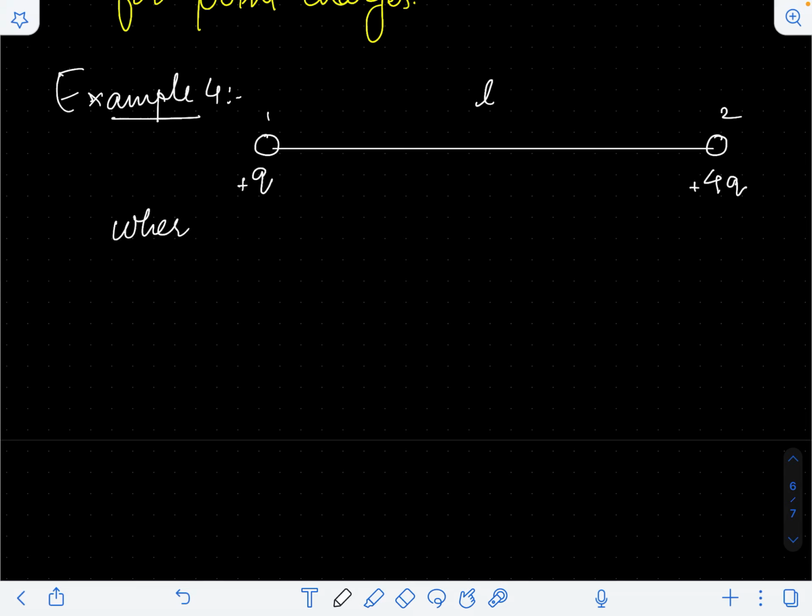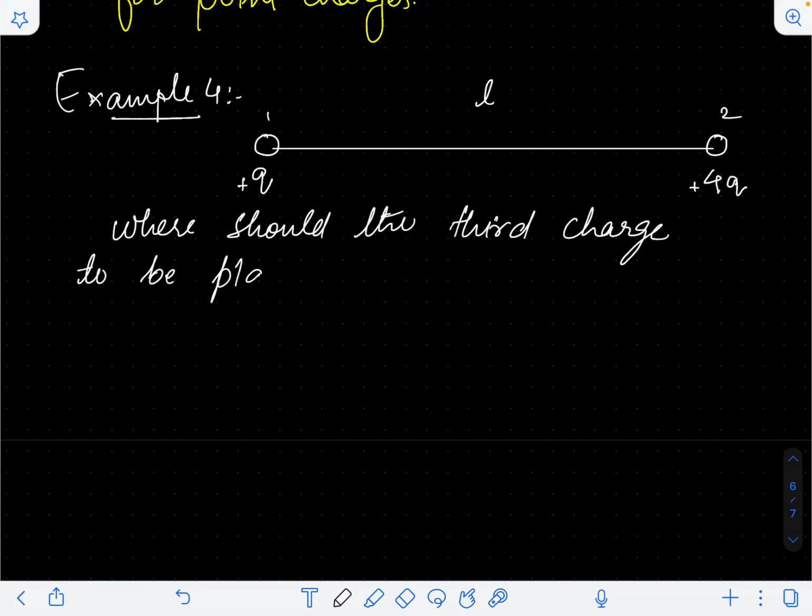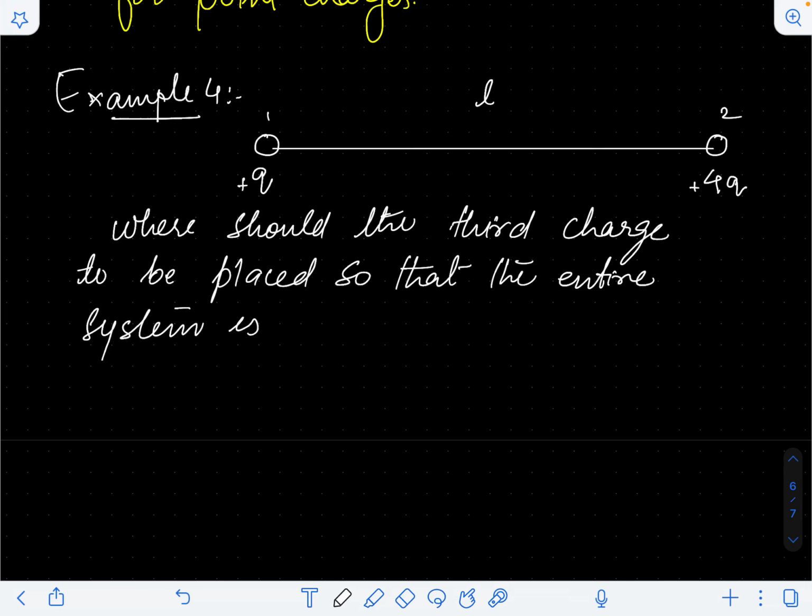So where should the third charge be placed so that the entire system is in equilibrium. Okay, so we will discuss this numerical. This is a very important numerical.